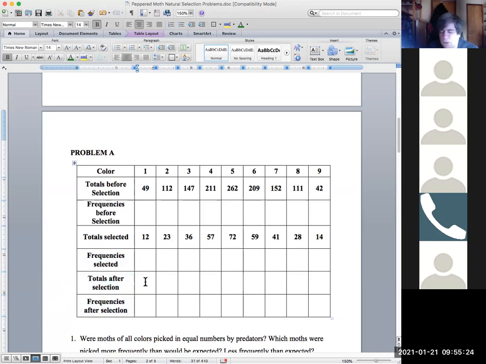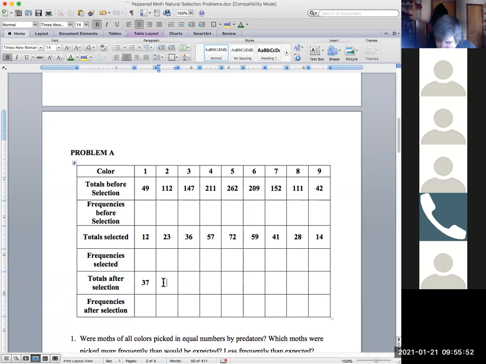Okay, so the first thing we're going to do is figure out what our totals are after selection. So we started out with 49 moths in our population that were the lightest color. 12 of them got eaten, so we're going to subtract. So we've got 37 left. We started out with 112 number 2s, 23 of them got eaten.